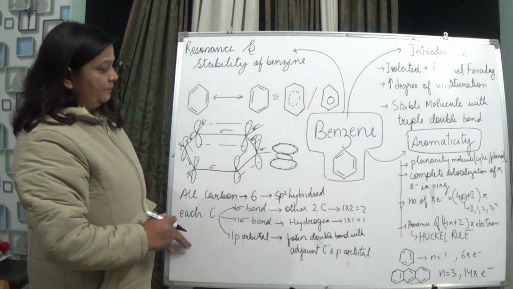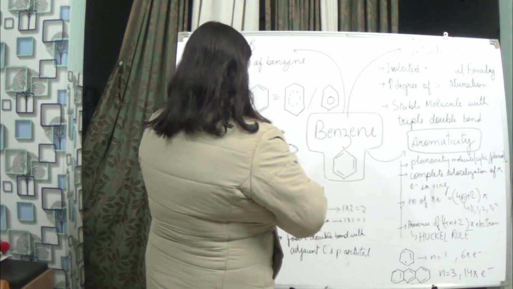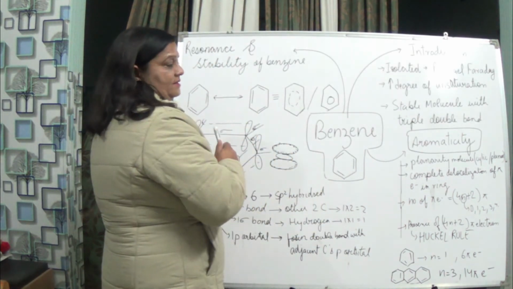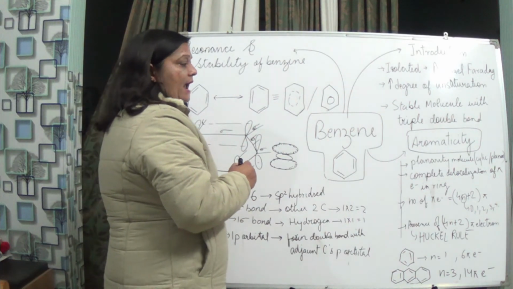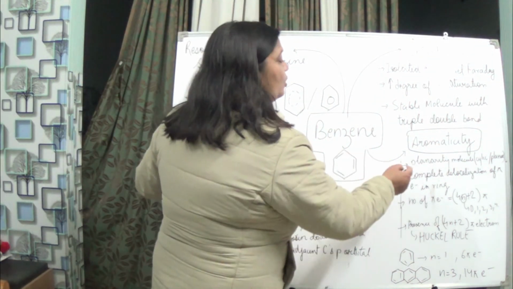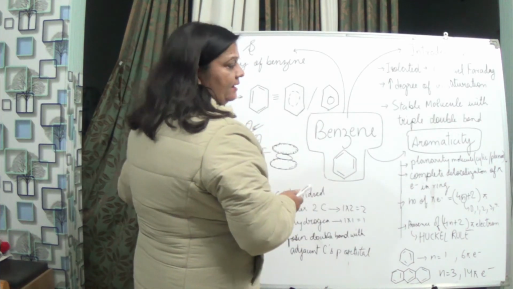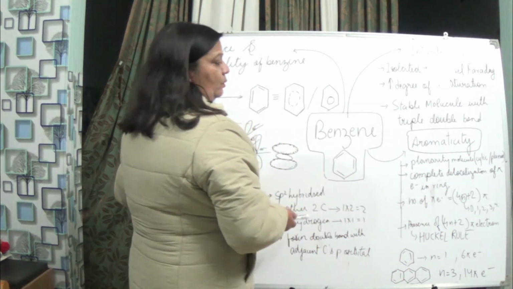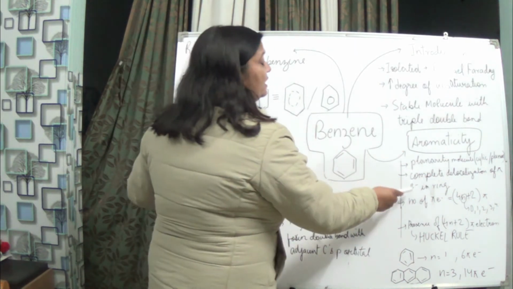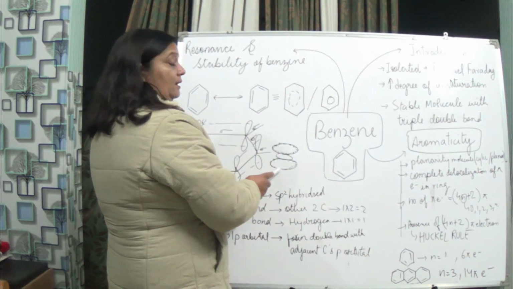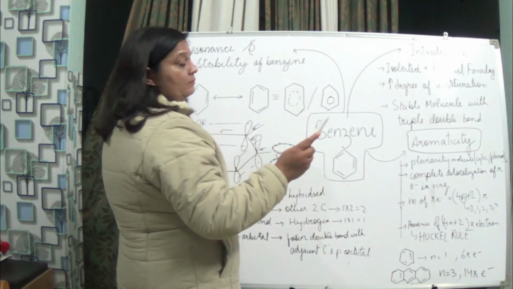Now coming to aromaticity. What is aromaticity? This is a property that can be shown only by a planar molecule. It can be a cyclic one, a planar one, and there should be complete delocalization of the pi electrons, which means they should be totally in motion.